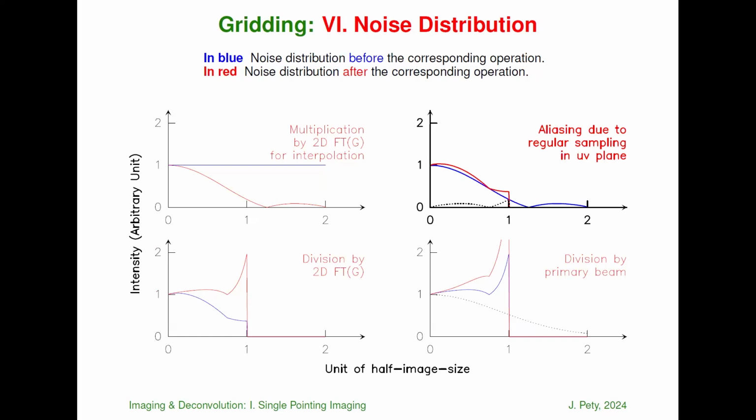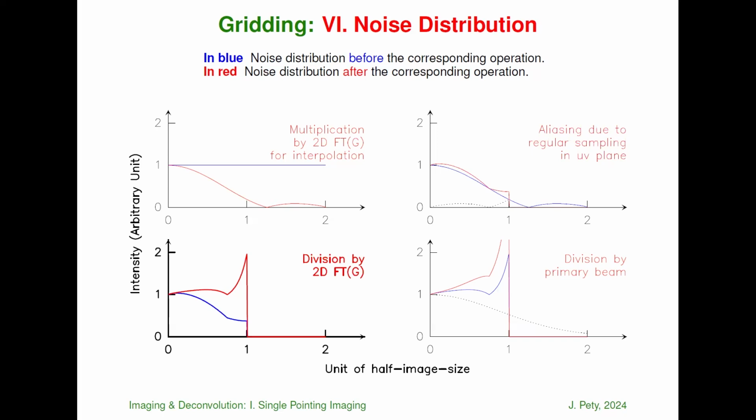And then you're finishing your gridding by dividing by the 2D Fourier transform of the gridding kernel. So you're starting from the blue curve here. Your gridding kernel has this form. You will divide it. It's going to zero at the edge of your image. So inside you have some variation, but not so much.